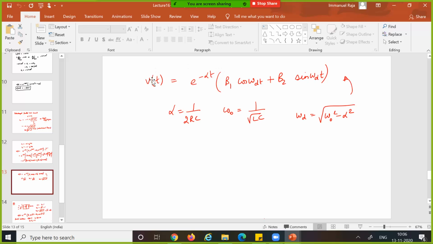In other words, you can write the solution in a generic form as e to the power of minus alpha t times a cos term and a sin term where the coefficients end up being real.